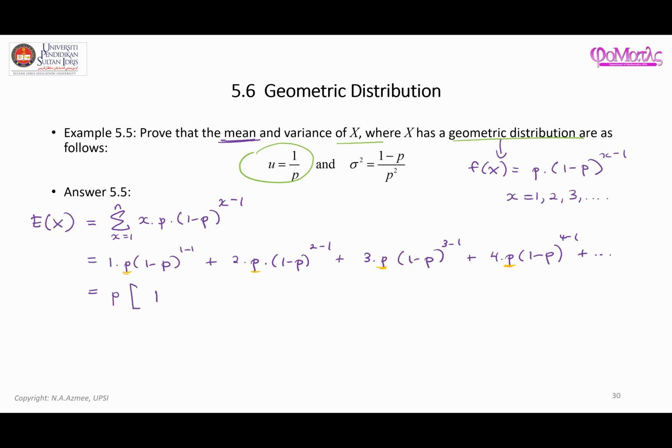So I'm going to write down the result here: 1 plus 2(1 minus p) to the power of 1 plus 3(1 minus p) to the power of 2 plus 4(1 minus p) to the power of 3 plus dot dot dot.